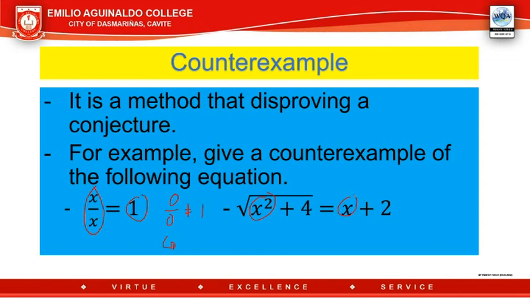If x is equal to 2, then we have the square root of 2 squared plus 4 is equal to 2 plus 2. So the square root of 8 is not equal to 4, and they are not equal. So this will be our counterexample for example number 2.